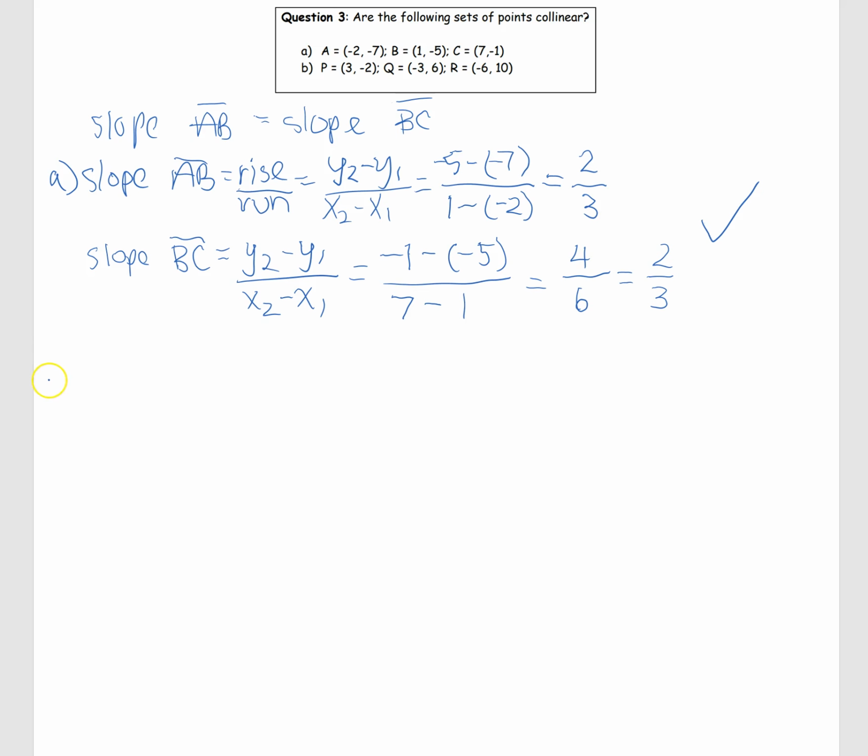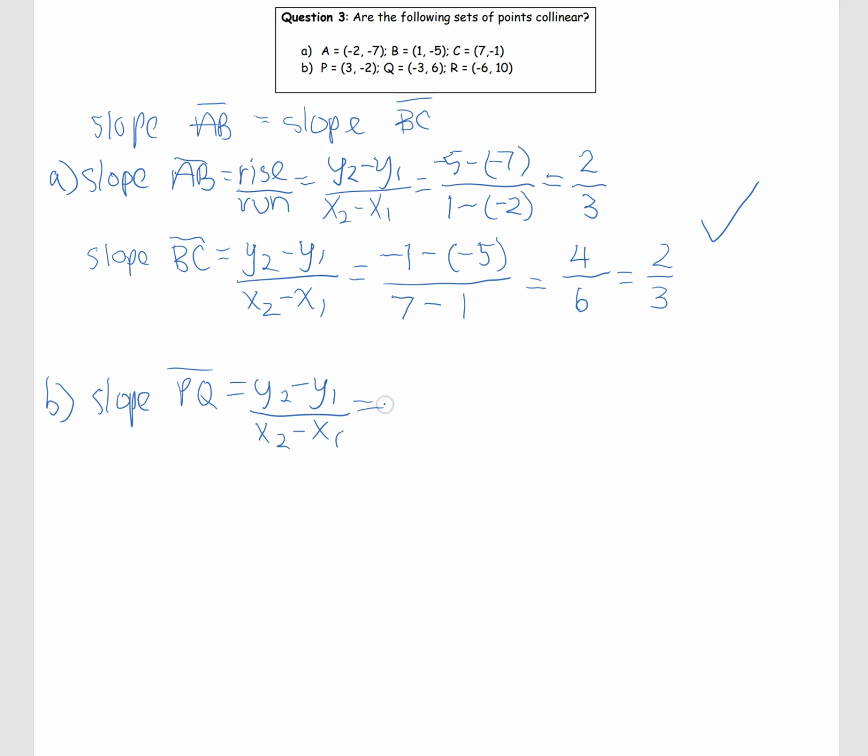So we're going to do the same thing for part B. First I'm going to look at the slope of line segment PQ. So y2 minus y1 over x2 minus x1.